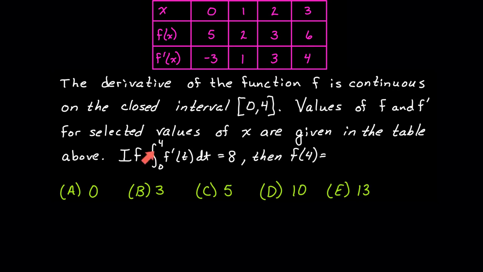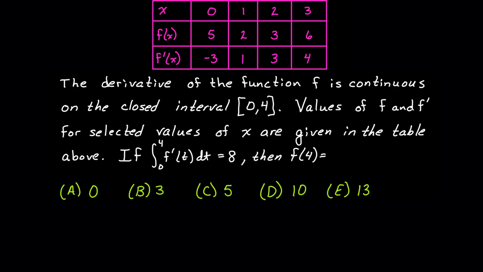Well, keep in mind we're taking the integral of a derivative, which is the same thing as taking the derivative of an integral, basically. So remember that the antiderivative of a derivative is just going to give you the original function, f.